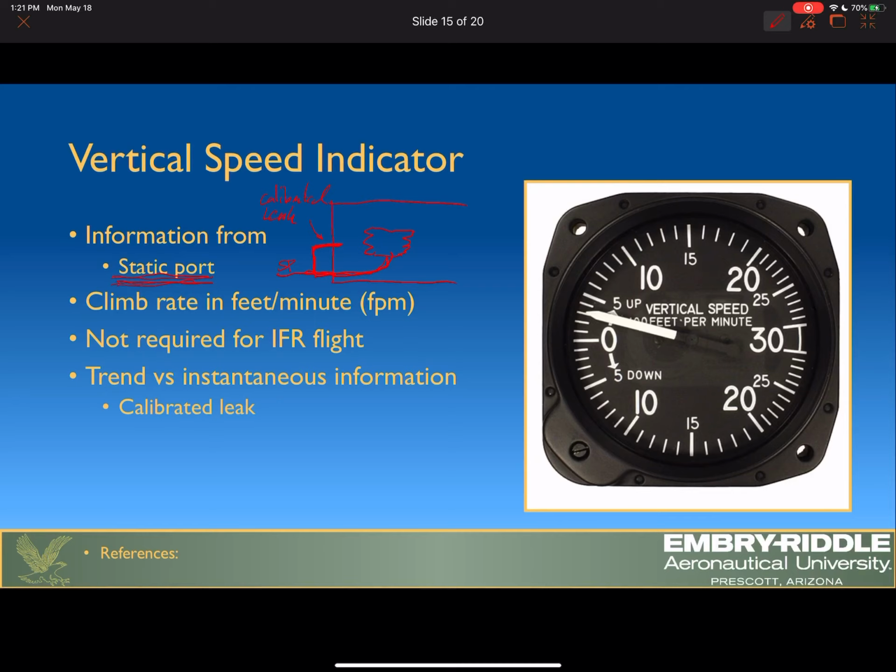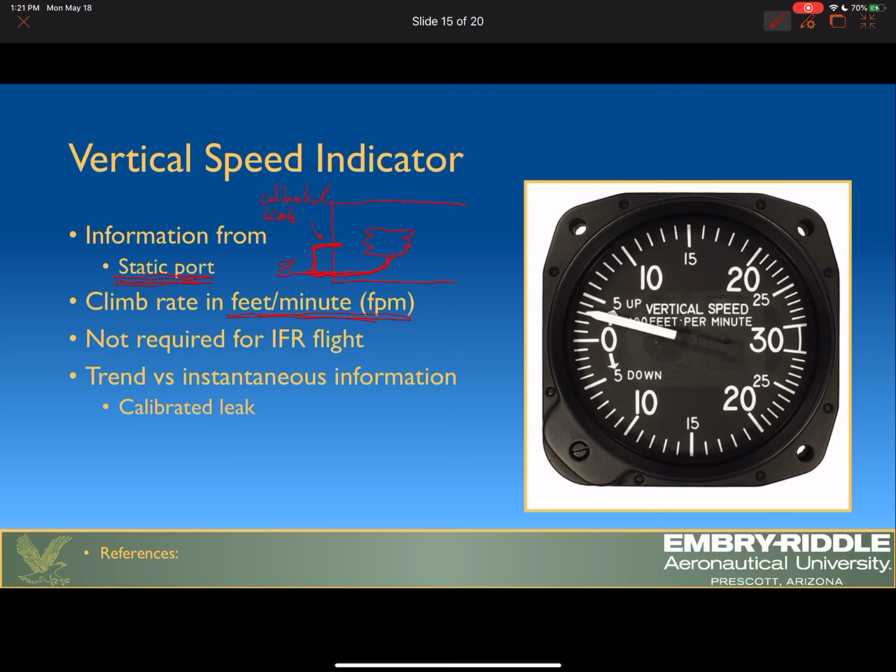So what happens is the diaphragm senses the change in static pressure very quickly, but the case senses that change slowly because it has a calibrated leak. Because of that, essentially what the vertical speed indicator is doing is sensing change, and relating that change to us as a climb rate in feet per minute.